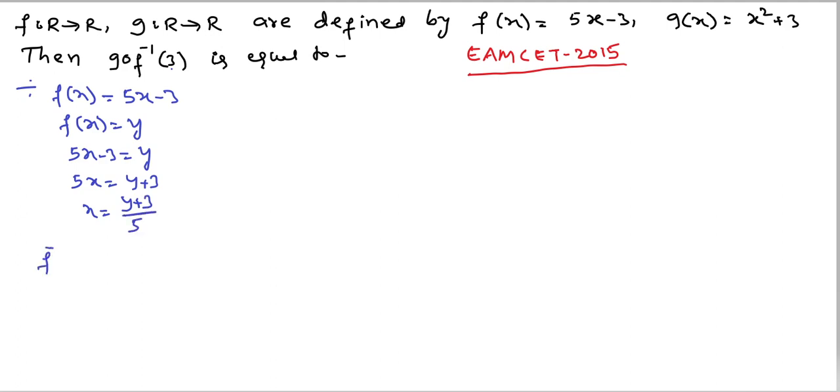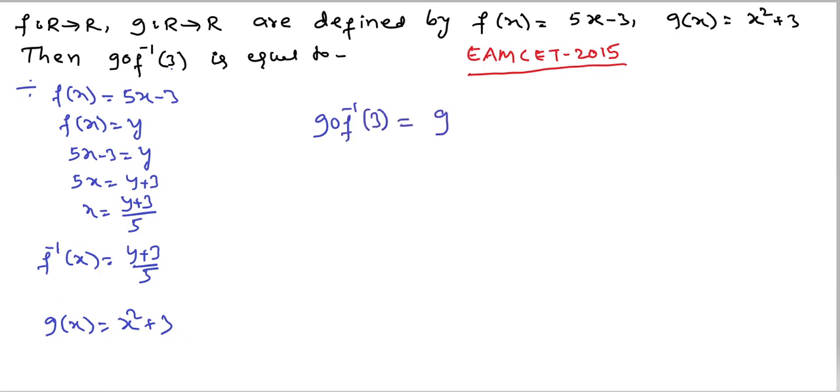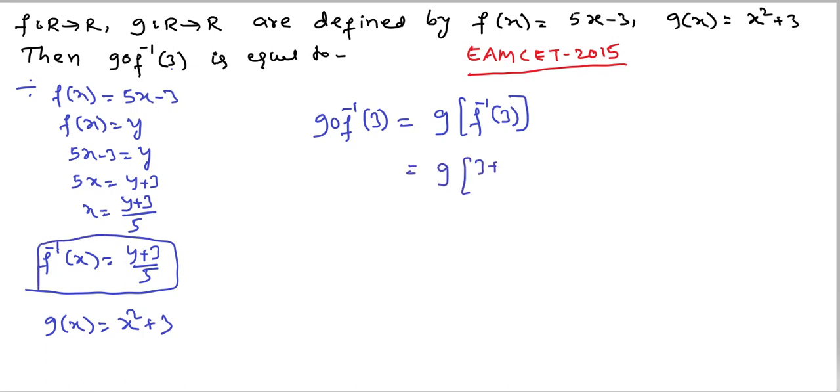Therefore, f inverse of x is equal to (x plus 3) by 5, and the given function g of x is equal to x square plus 3. Now we find g circle f inverse of 3 is equal to g of f inverse of 3. Substituting 3 in this equation, f inverse of 3 is (3 plus 3) by 5, so g of 6 by 5.